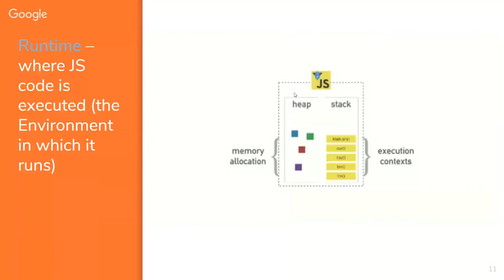Here we have a picture, as you can see here. This is a simplified view, really, of what a JavaScript runtime is. On the left, you can see the heap, which is where memory allocation happens. We don't really need to worry about this right now.